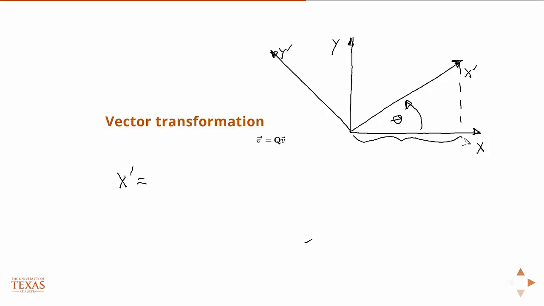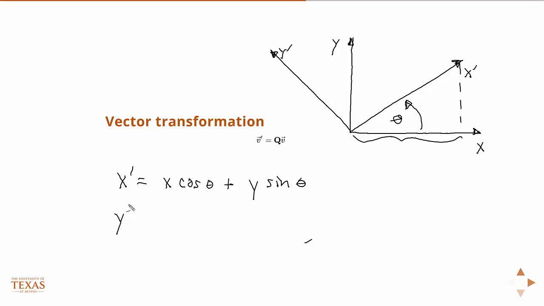It's the cosine of theta, so it'd be x cosine theta plus, what's this distance? y sine theta.